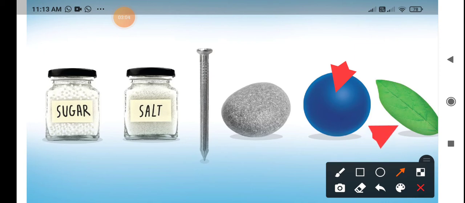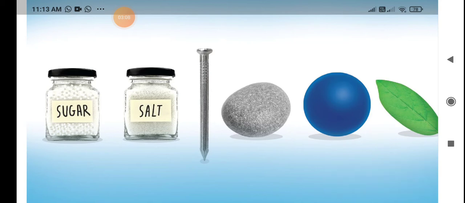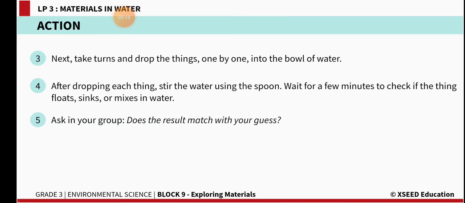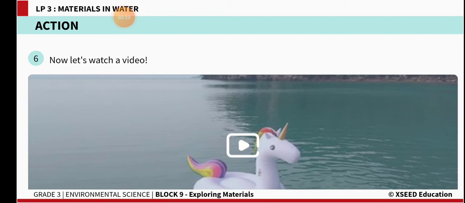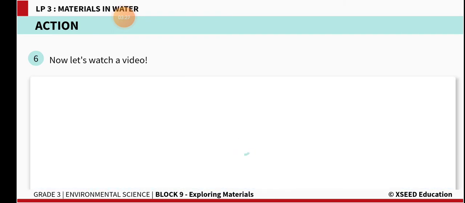Leaf also floats on water. Understood, children? Now what you will understand by this activity, we'll see now. Why some materials are sinking in the water, why some materials are mixing, why some are floating. Okay. So to understand this, watch this video.